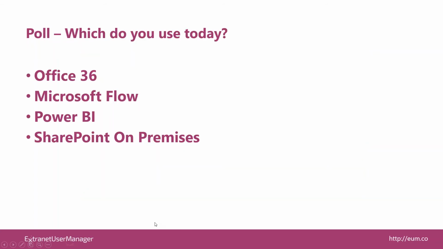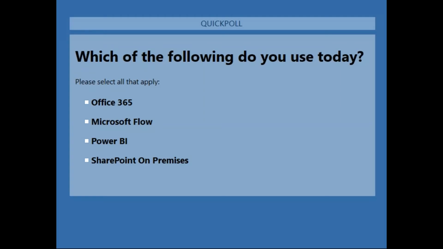Now, before I dive into the presentation, I always like to get a sense from the audience what sort of technologies they're familiar with and they're using today. So let me open up a poll here, and I'll go ahead and launch that out. You can answer multiple if you're using one, two, or all of these different technologies. Office 365, Microsoft Flow, we're going to be touching on from a workflows point of view.